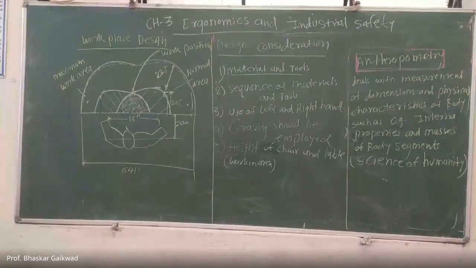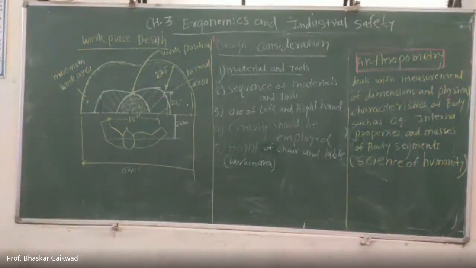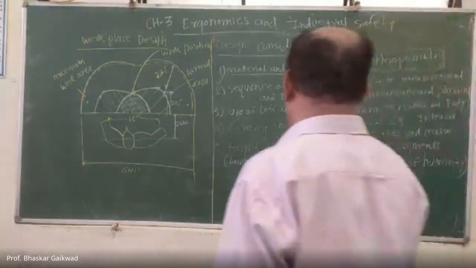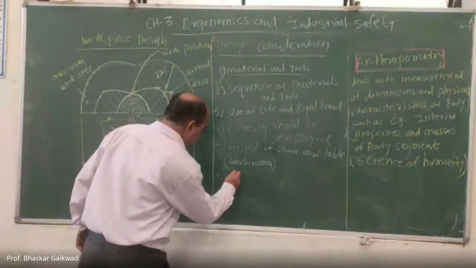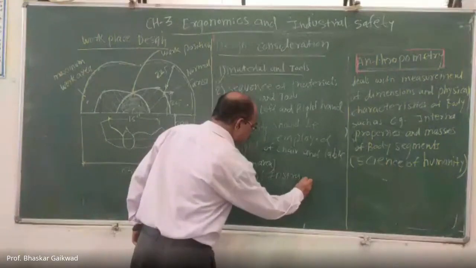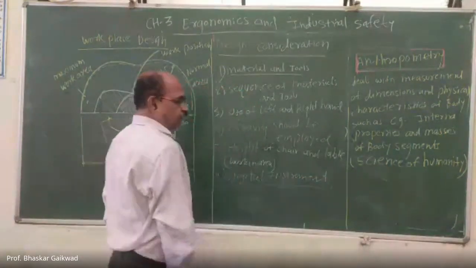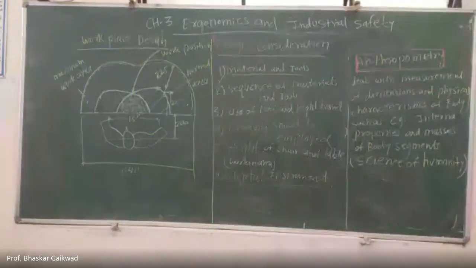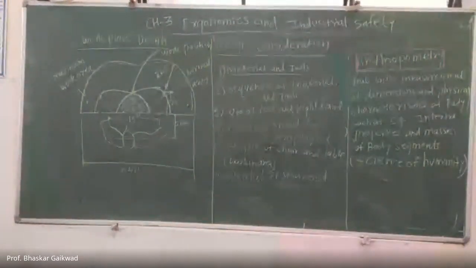Next point: an instrument with a pointer should be employed for checking readings, whereas for quantitative readings, digital types of instruments should be provided. So while checking or testing, always use digital instruments. In our workshop or industry, normally they use vernier calipers and micrometers.